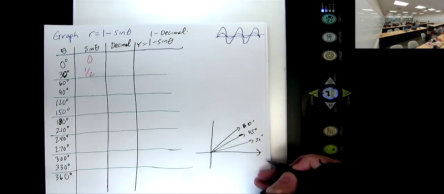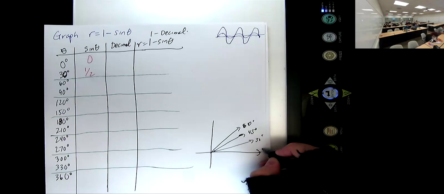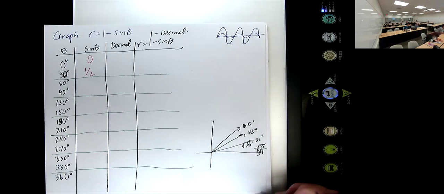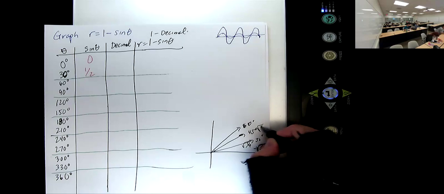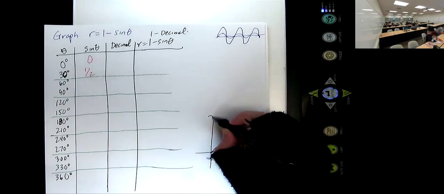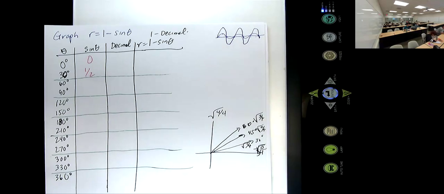So they go for sine, it's square root of 0 over 4, square root of 1 over 4, square root of 2 over 4, square root of 3 over 4, square root of 4 over 4. It follows a pattern.